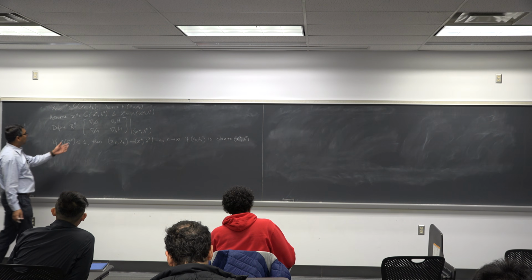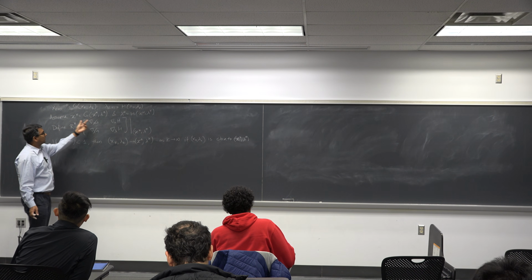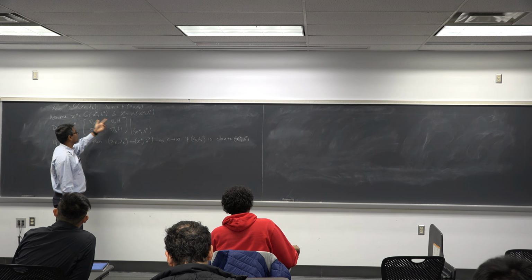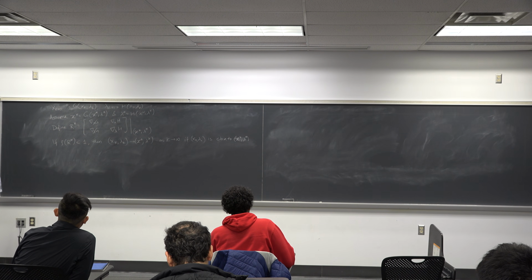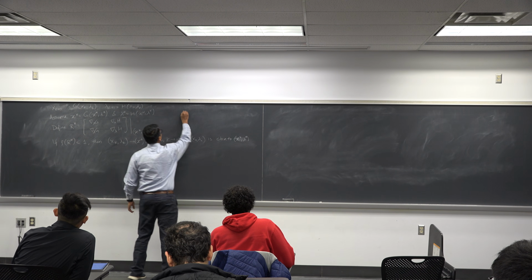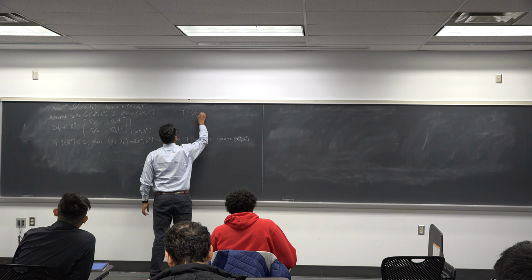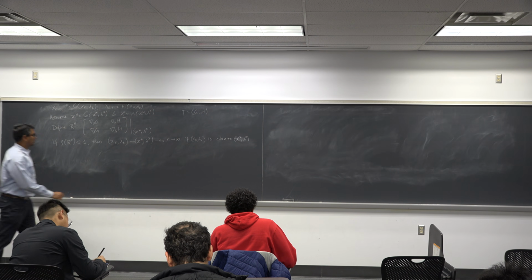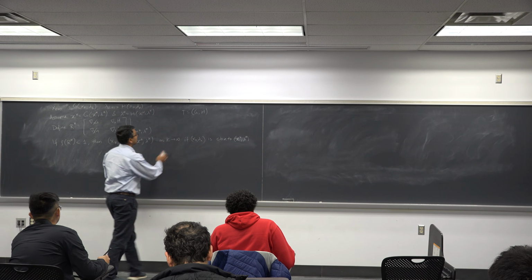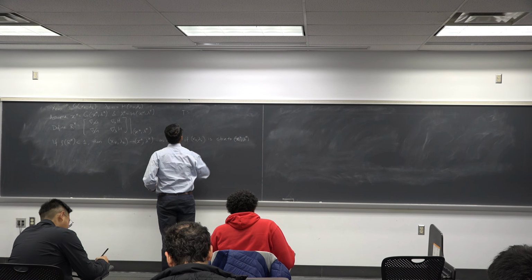So let's assume x star and lambda star are a fixed point of g comma h. So g and h are my operators, and (x star, lambda star) is a fixed point of that operator. My operator T is the joint operator, g and h stacked as a column vector.